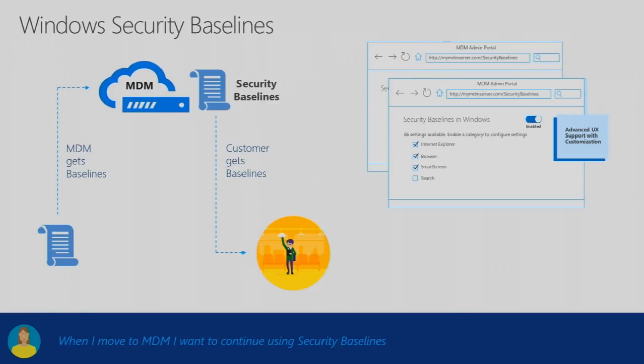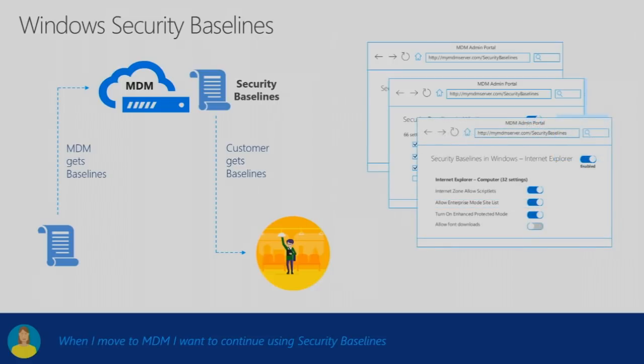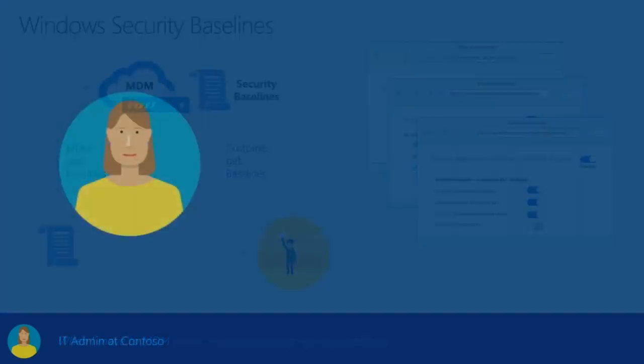So if you say that, hey, I don't care about this setting, I want to disable it, go ahead, do that. You get to a level of granular control similar to security baselines using SCM. So as a customer, you can say that if I move to MDM, if I take that first step, I know that my devices are going to be secure because I'm going to put security baselines and my corporate assets are secure.